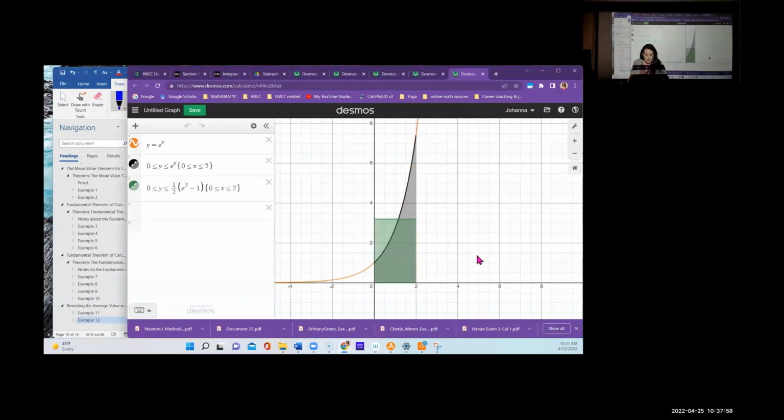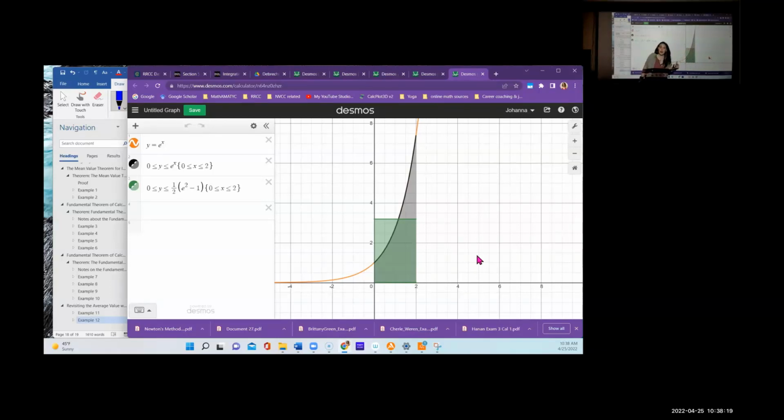All right. Here you can see that we've got the curve e to the x plotted in that orange-red color coming up like this. Then we have the area between the curve e to the x and the x-axis shaded in this sort of dark gray black color that you see right here.